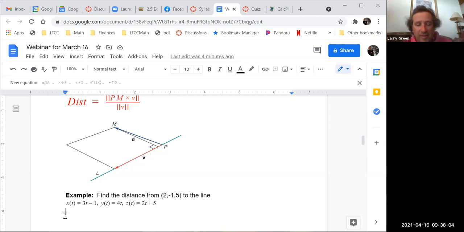Okay, I think I'm going to work this out because I don't want to take too long, because we need to get to other stuff. And hopefully you've made a lot of progress. So the first thing is, what's the easiest point on this line?